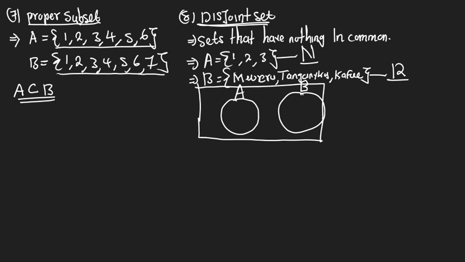So in this case, we can say that A is not a subset of B, and at the same time B is not a subset of A. There is nothing in B that is in A, and there is nothing in A that is in B.